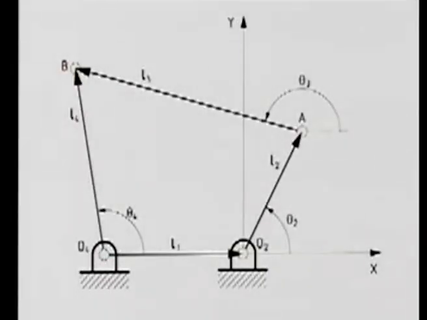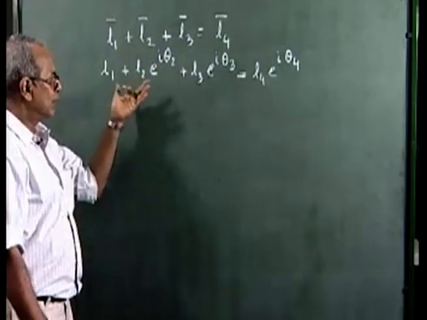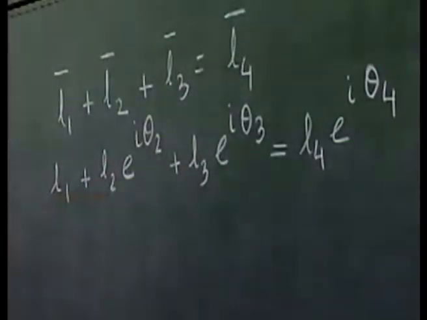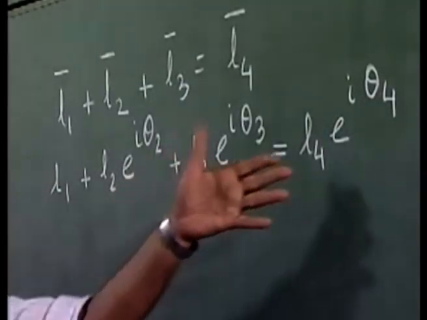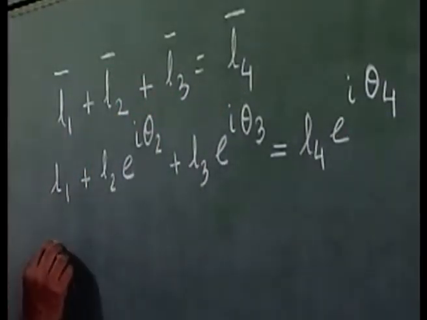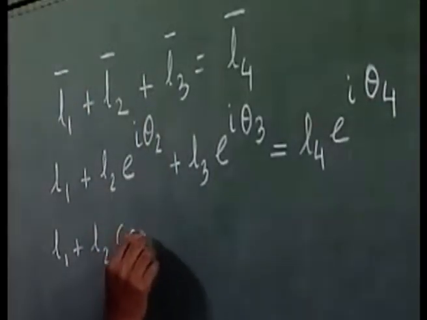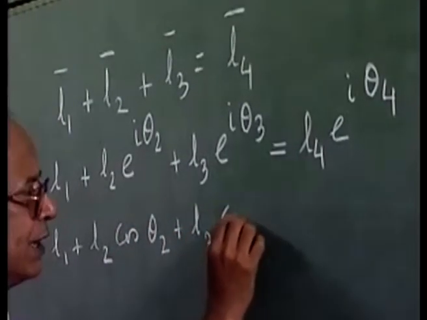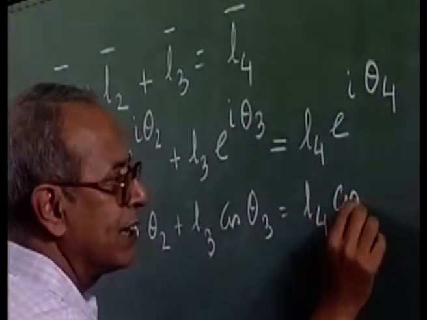As we know, e to the power i theta can always be written as cos theta plus i sin theta. So we equate the real and imaginary parts of this particular complex equation, which is the same as equating the x component and y component of the two sides of this vector equation. That way we get L1 plus L2 cosine theta 2 plus L3 cosine theta 3 is L4 cosine theta 4.